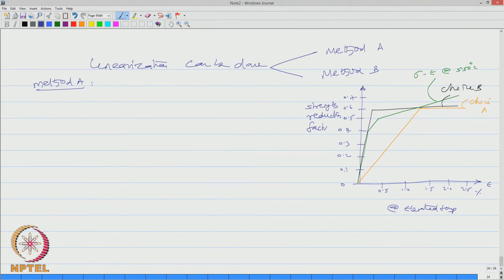Let us quickly see what choice A or method A talks about. Both yield value and modulus of elasticity are linearized at 1.4% strain.